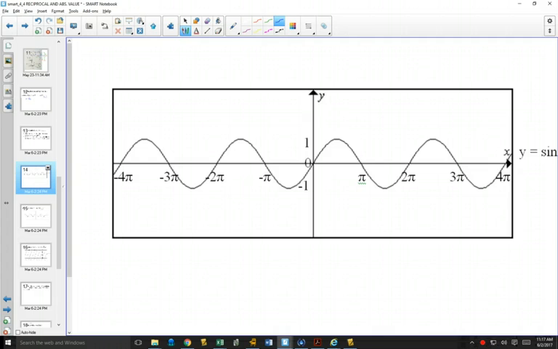The first thing that we did with our reciprocal graphs were our asymptotes. Vertical asymptotes wherever we had x-intercepts, and a horizontal asymptote at y equals 0 if the graph went up forever or down forever. So for this one, wherever we have an x-intercept, we're going to have a vertical asymptote.